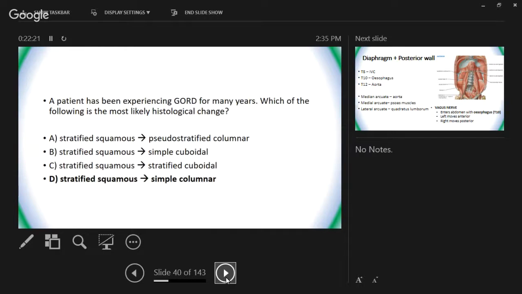It's kind of easy to remember because the esophagus is just like a simple column, simple epithelium.